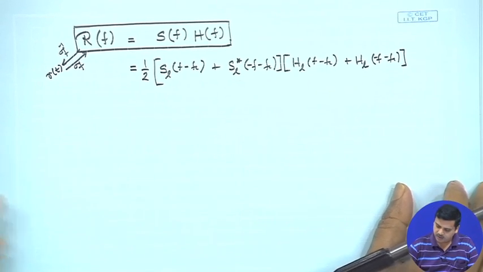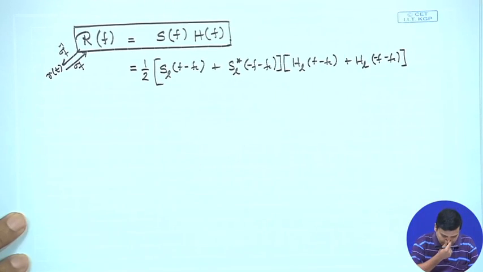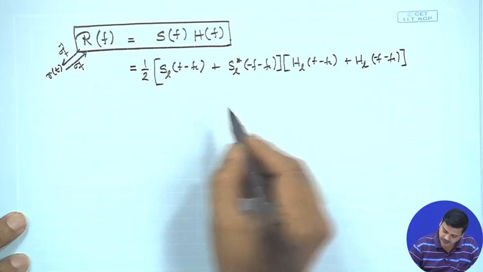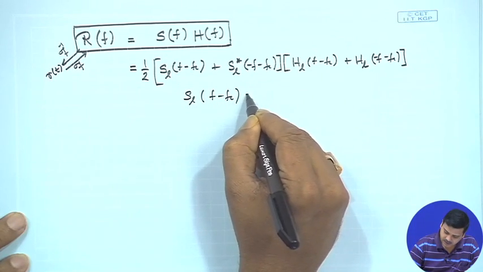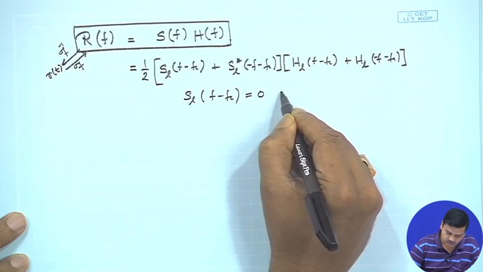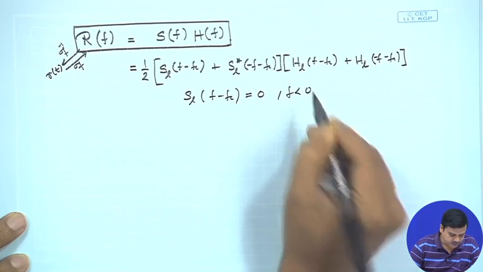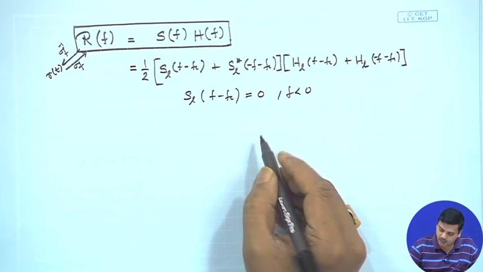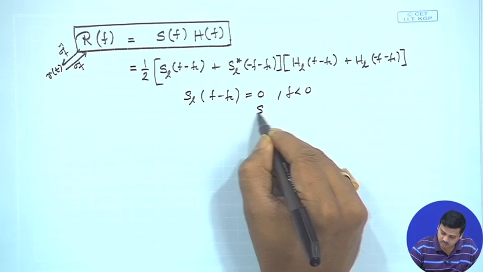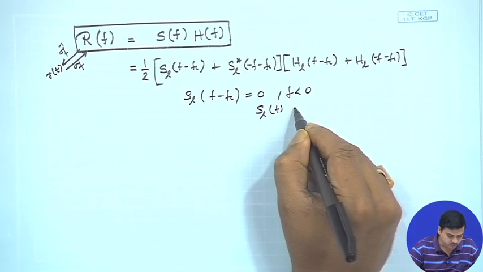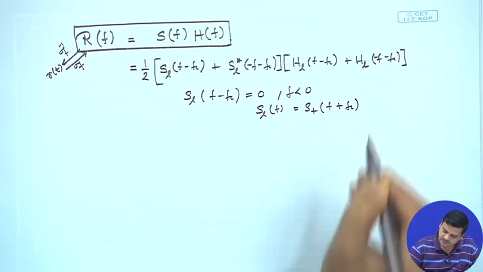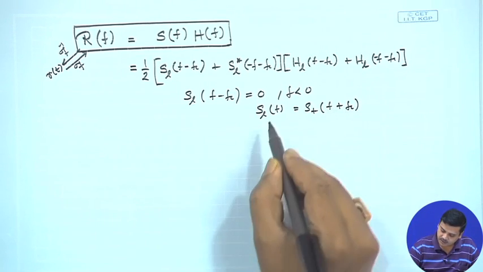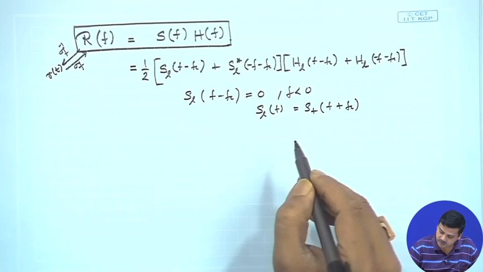Now, if we look into these expressions, we could say that S_L(f minus f_c) is very close to 0 for f less than 0, and one could argue in a way that in some form one could say that S_L(f) is S_plus(f plus f_c), if you remember this. So, then you need to do this translation.